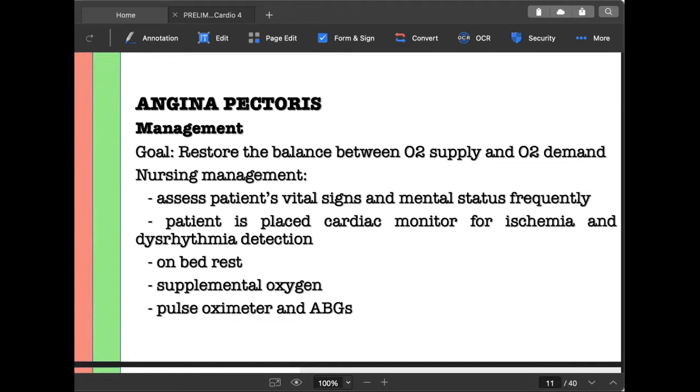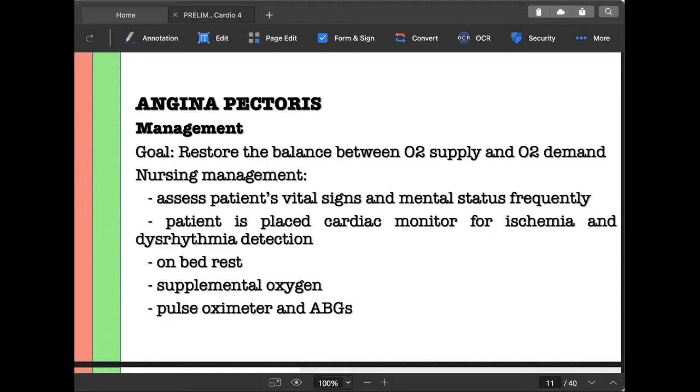I hope you already know how to do that kind of assessment, wherein you check the responses of your client. Maybe later on I will remember that one. We also have here, the patient is placed under a cardiac monitor for ischemia and dysrhythmia detection. Most likely they are on bed rest without bathroom privileges.